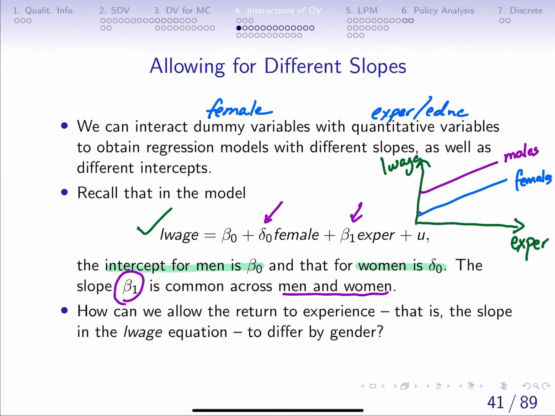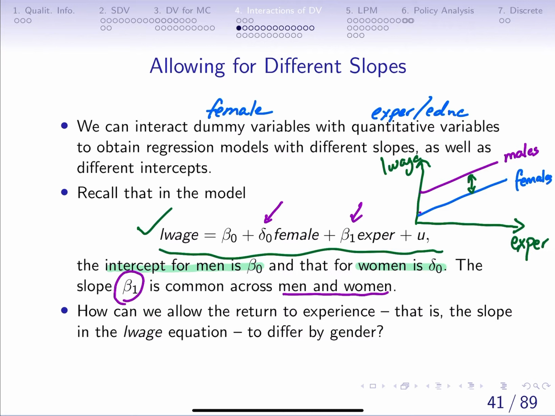Here we're saying as experience goes up, log wages go up for both men and women. But the gap that you find between men and women is exactly the same. So these are parallel lines based on such a model.